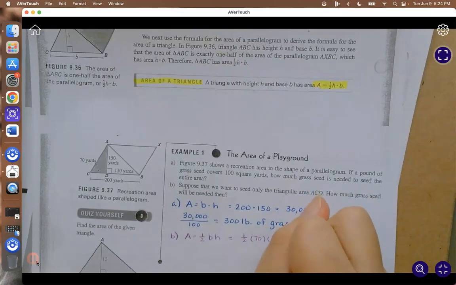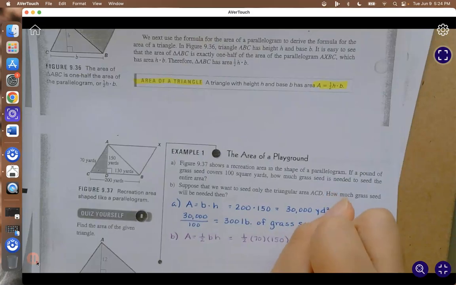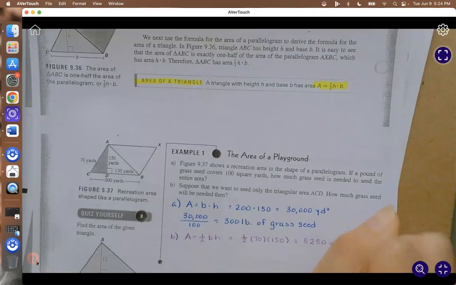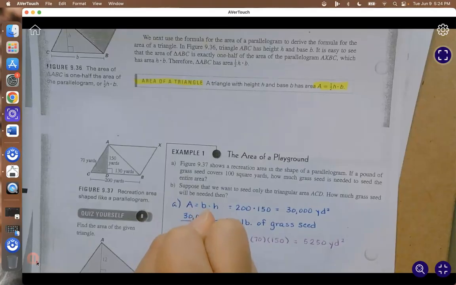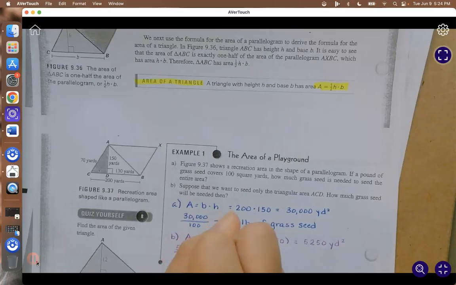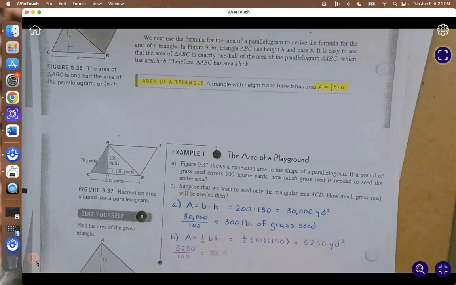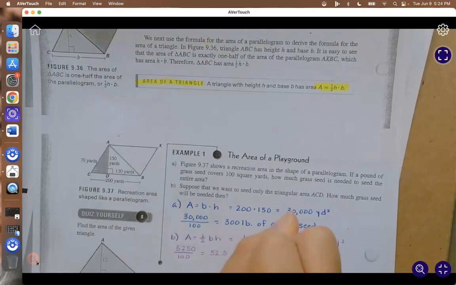So if you multiply that on your calculator really quickly, that's going to be 5,250 square yards. So let's see how many pounds of grass seed that's going to take. It's going to take 52.5 pounds. They're not going to sell you a 1/2 pound of grass seed, so you know you're going to have to buy 53 pounds of grass seed.